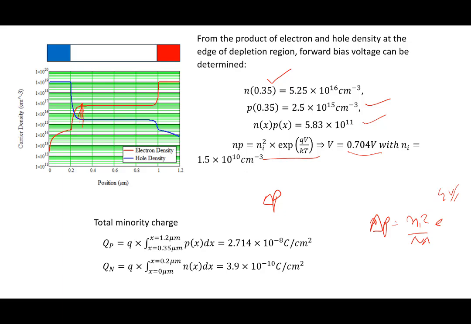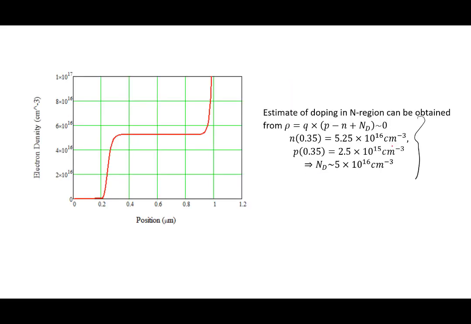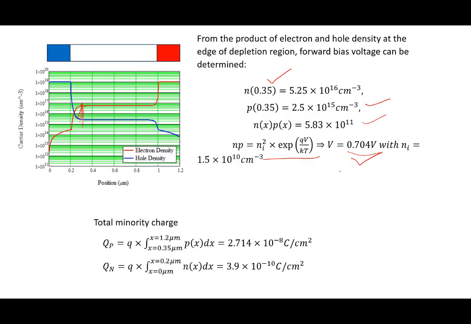You know delta P is Ni squared over ND e to the power QV by KT. Because we know ND, we know Ni squared, and you know the excess carrier density, you know QV by KT. So you could have used either the carrier density profile to calculate the voltage, or you can use the depletion width also, you can try. All right.